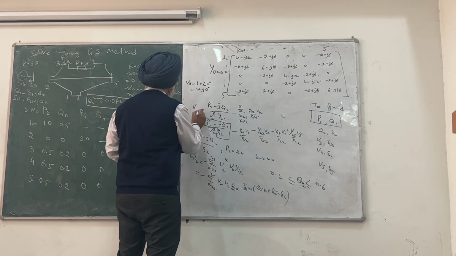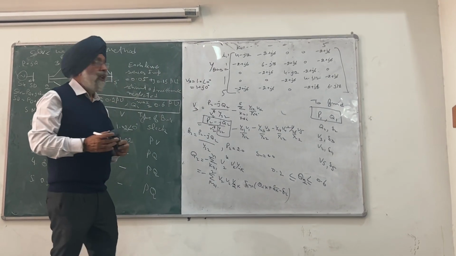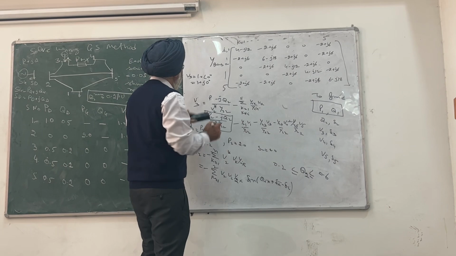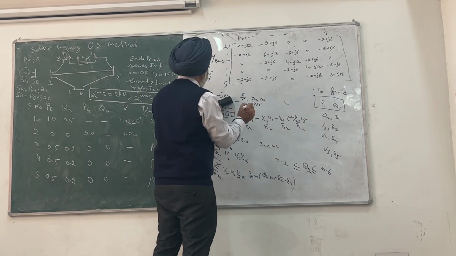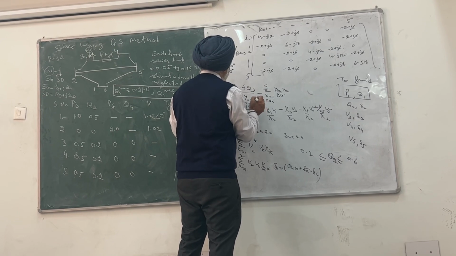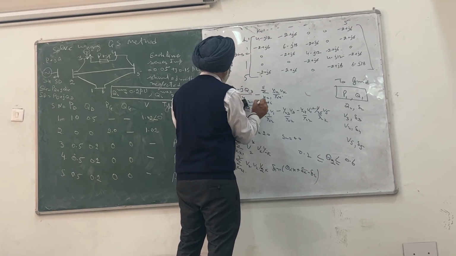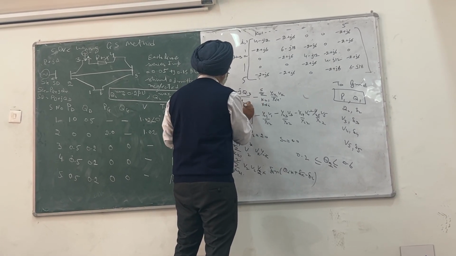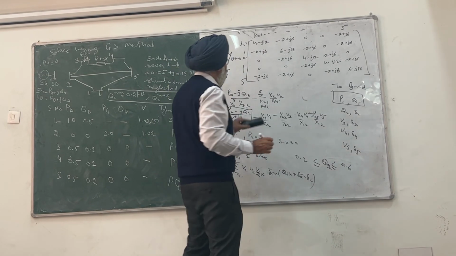Under that case, I becomes 3. Here it will be 3. Y33, Y_i.